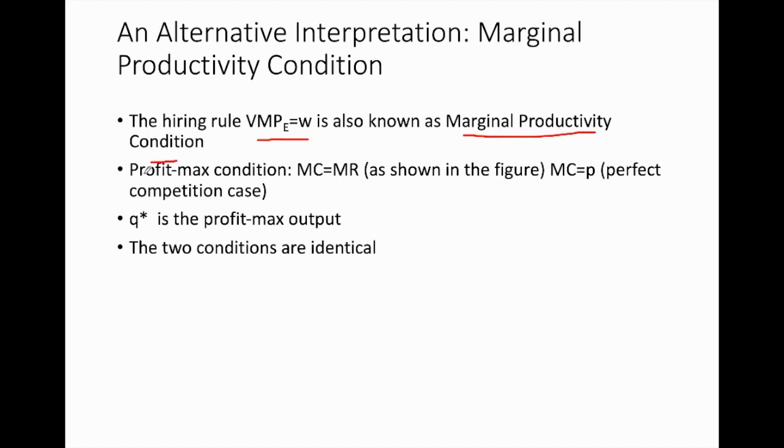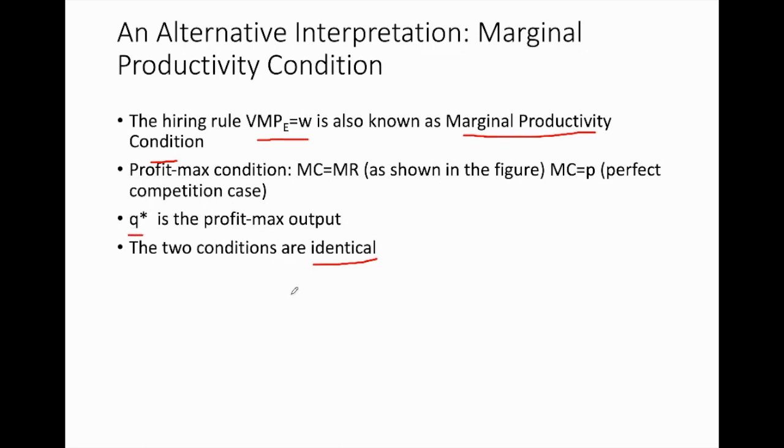Over here, we need to establish the argument that the profit maximizing condition based on marginal cost equal to marginal revenue and the marginal productivity condition are actually identical. Why identical? Because ultimately, both rules are there to identify Q star.